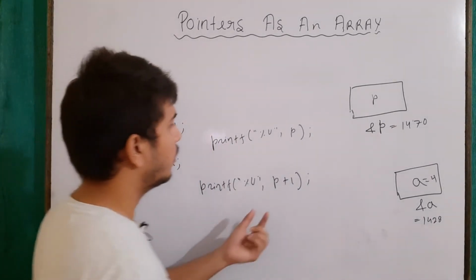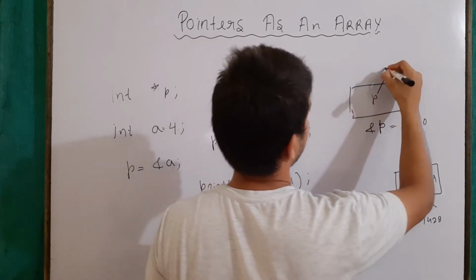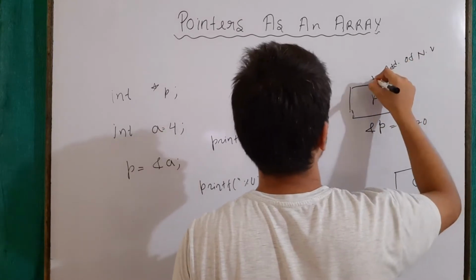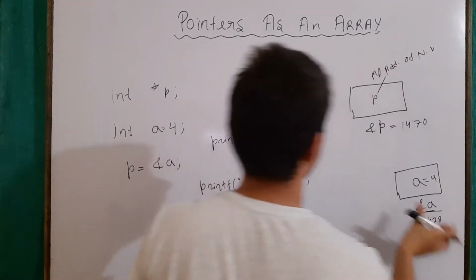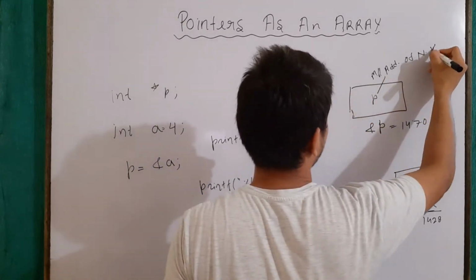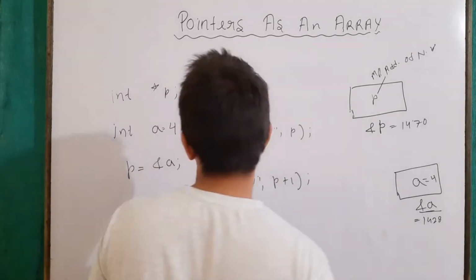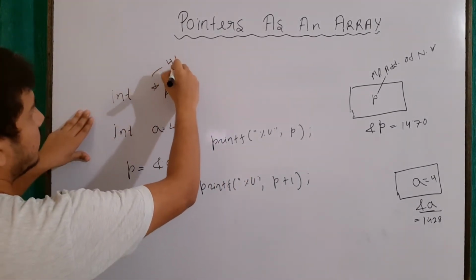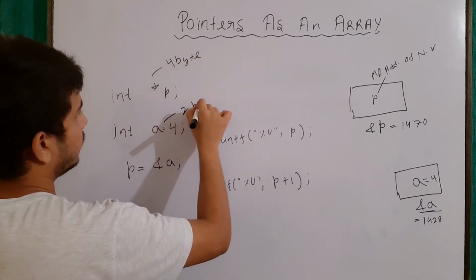Note what type of address it is holding right now. It is holding the address of a normal variable, because it is holding this address. Now what is the size of a normal variable? I am considering here that the size of a pointer variable is 4 bytes and the size of a normal variable is 2 bytes.